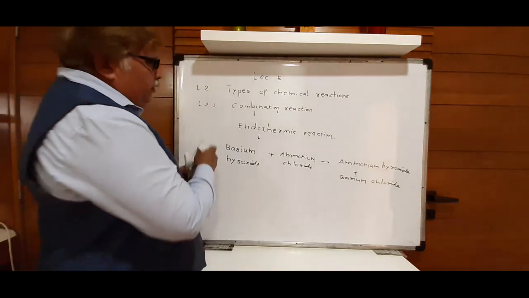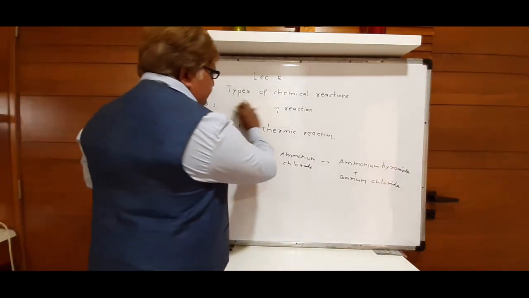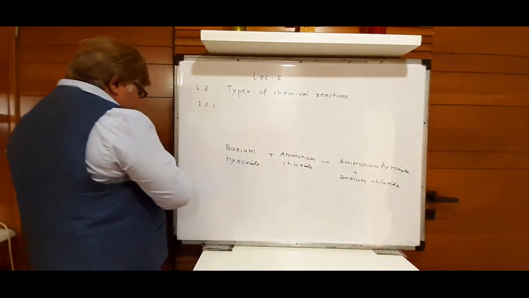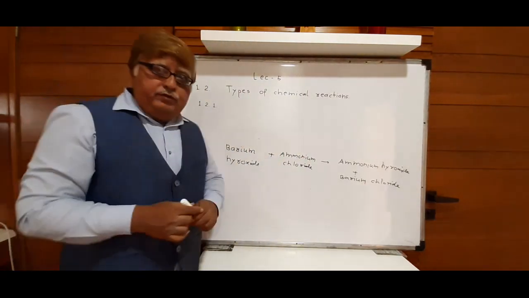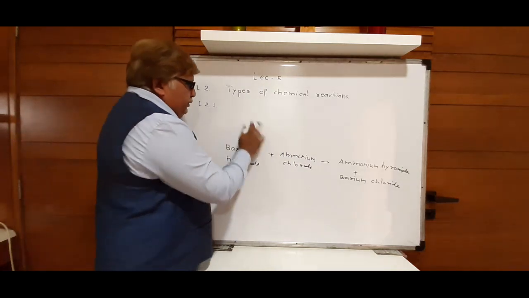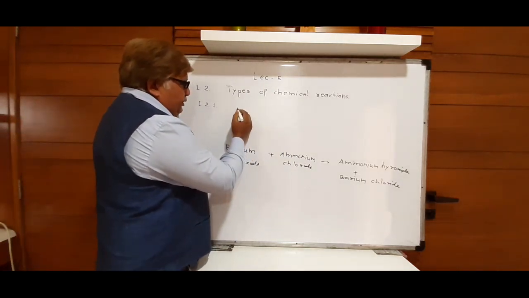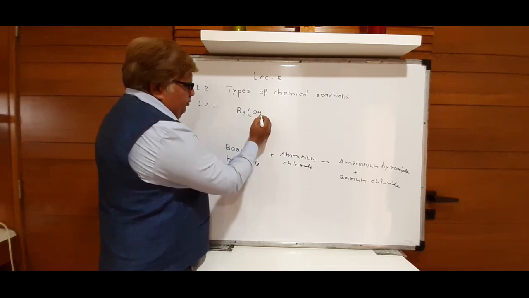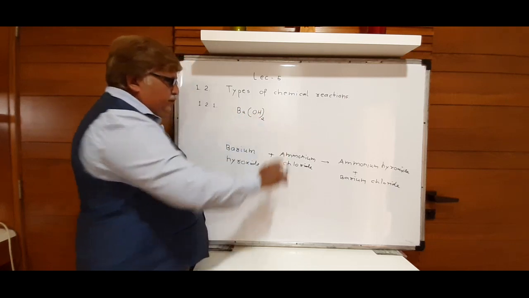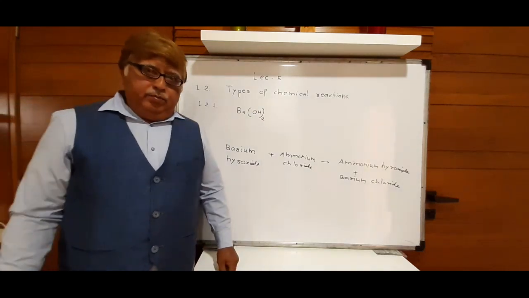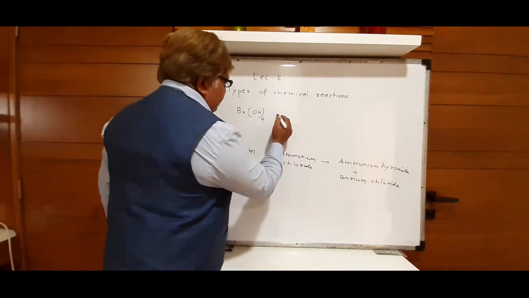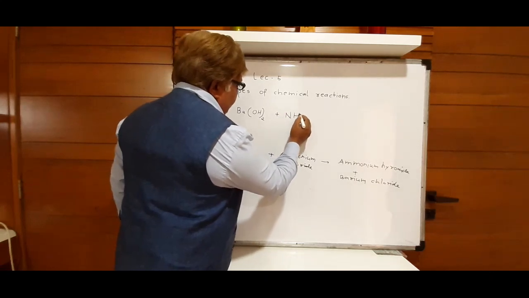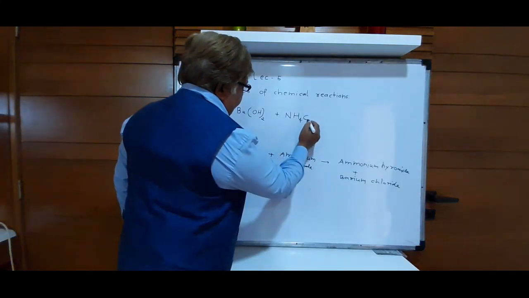Let us try to convert it into a skeletal equation. Okay, what should I write? Barium hydroxide, I write Ba(OH)2, try to understand, my dear student, and make the formula quite clear. Plus ammonium chloride. Can you write the correct formula? NH4Cl.